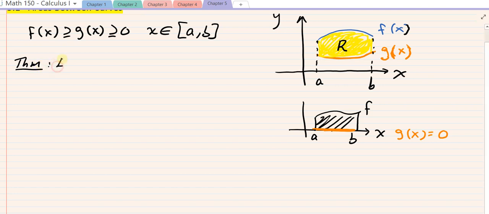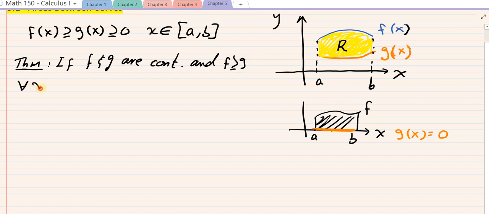It goes like this. Suppose we have two functions f and g, both continuous, and as I have it above, f is greater than or equal to g, for all x inside the closed interval from a to b.